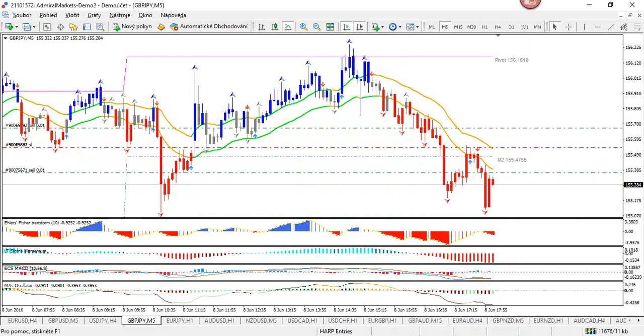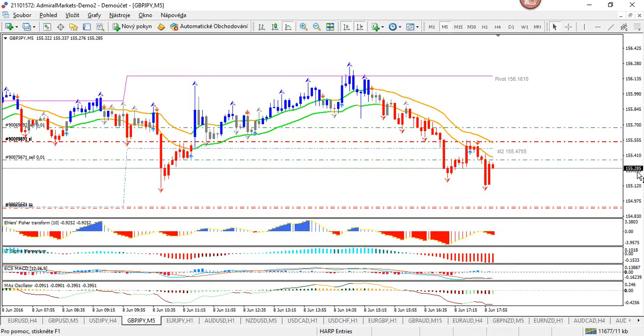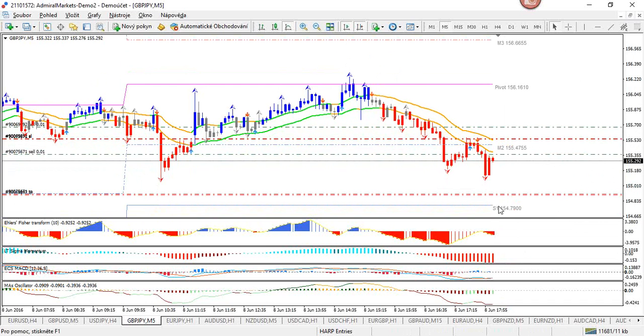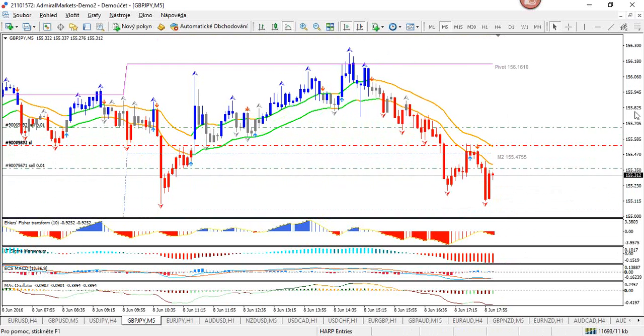If it does continue, I will be alert around 155 and 154.80, and maybe take profit on one of those trades if it shows weakness, and hopefully get both of those TPs. All right, so that's my plan for the moment. Time will tell. At least there's nothing lost from these two trades.